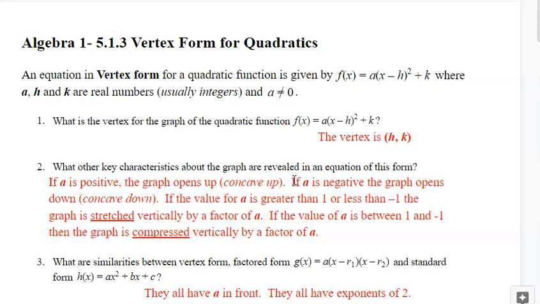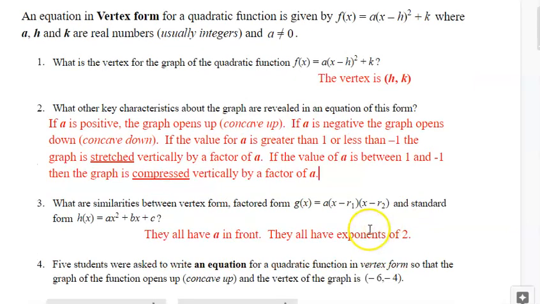Since you have this binomial x minus r1 and the other binomial x minus r2, if you were to multiply those binomials, and we'll be doing some of that pretty soon, you'll see that you will always get an x squared there as well. So they all have exponents of 2, they really do. They're all degree 2, we say.